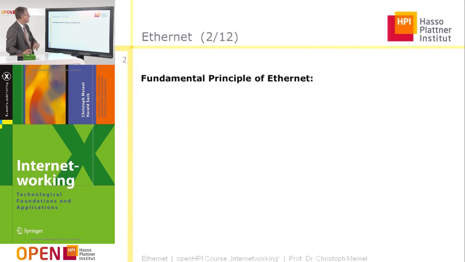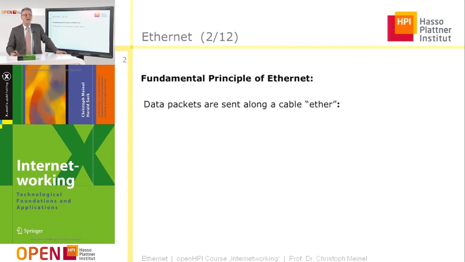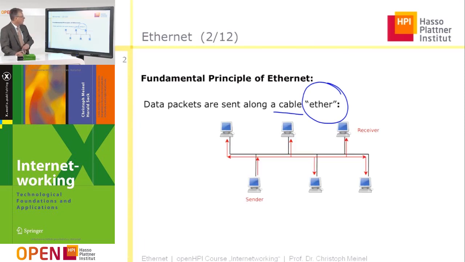Let's have a closer look at these components, and let's start with the fundamental principles of Ethernet. I already mentioned data packets, so-called frames, are sent along a communication medium, and this is a cable. Different types of cable determine the different variants of Ethernet, and this cable, and here the name of Ethernet comes from, this cable was called the Ether.